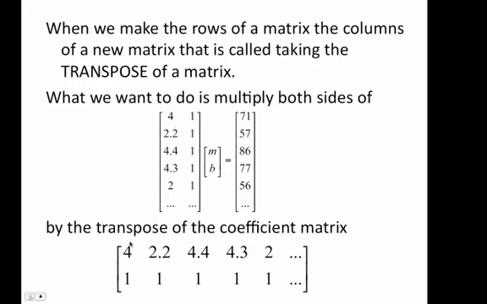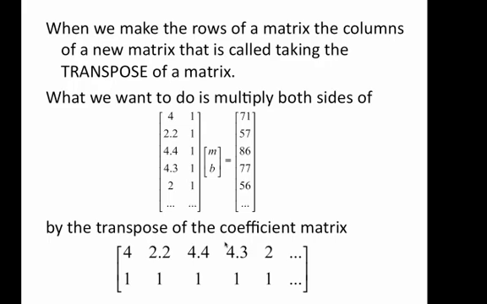The first row becomes the first column. The second row, 2.2 and 1, becomes the second column. Or some of you might say, you take the first column and it becomes the first row. Either way you want to think about it, we end up with a matrix known as the transpose.